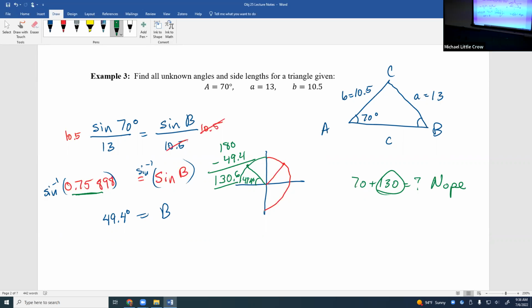So we know that our B is 49.4. So what do we know C has to be? Well, it has to be 70 plus 49.4. You get that, it's going to be 119.4. And then you need to subtract that from 180.